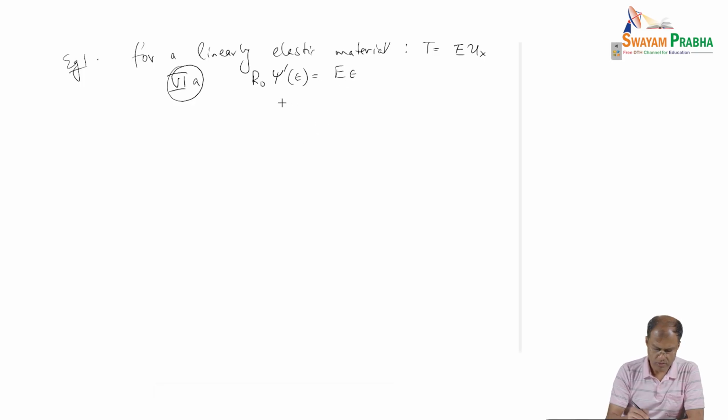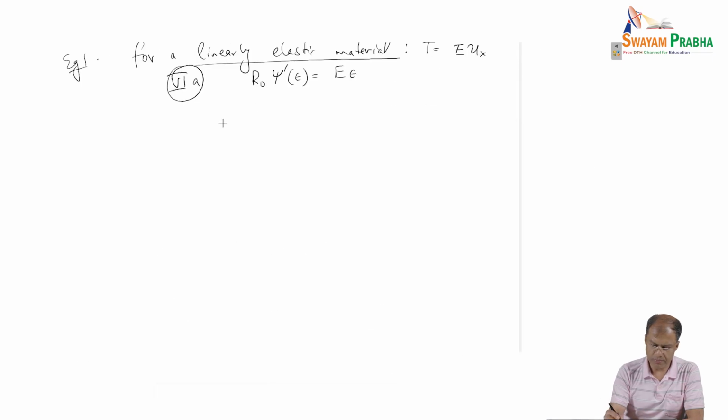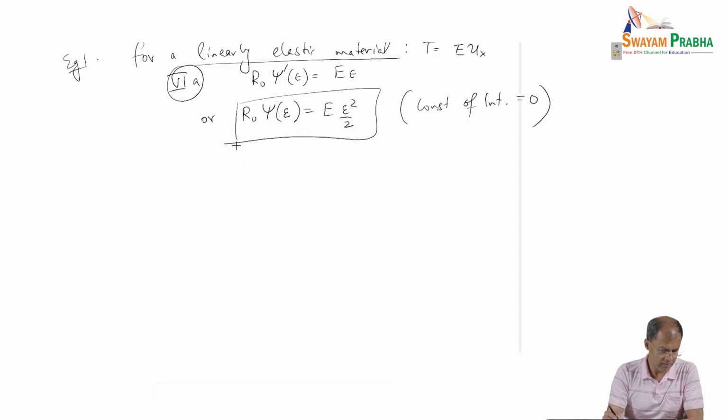So we have chosen a linearly elastic material. R0 psi prime epsilon is E epsilon, or we integrate this equation, R0 psi of epsilon is E epsilon squared by 2, by taking the constant of integration to be 0.